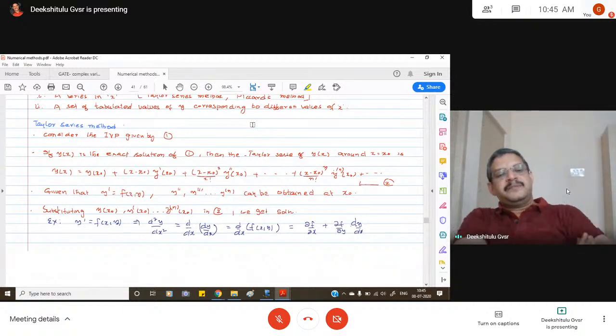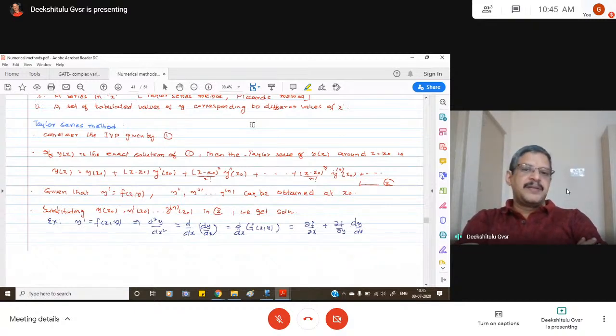Taylor series method. This method, as the name suggests, is completely based on the Taylor series expansion of a function. So consider the IVP given by 1.